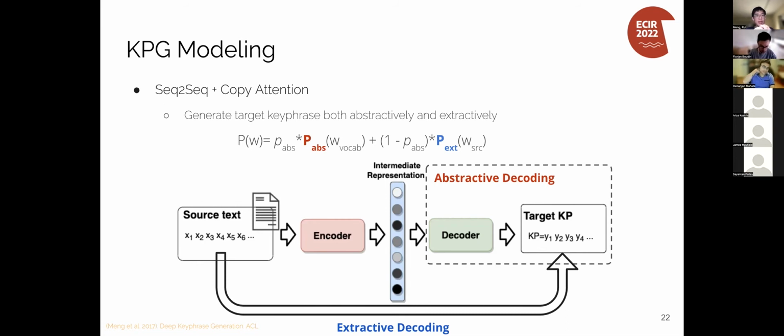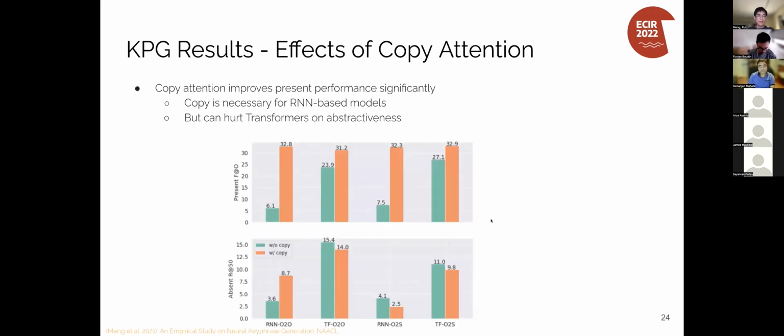Simply speaking, besides this abstractive way where we encode the information into an intermediate encoding and decode the information given this bottleneck embedding, we also utilize another attention mechanism to directly copy the relevant words from the source text and output them as phrases. And we can take a look at the evaluation results of this copy attention mechanism.